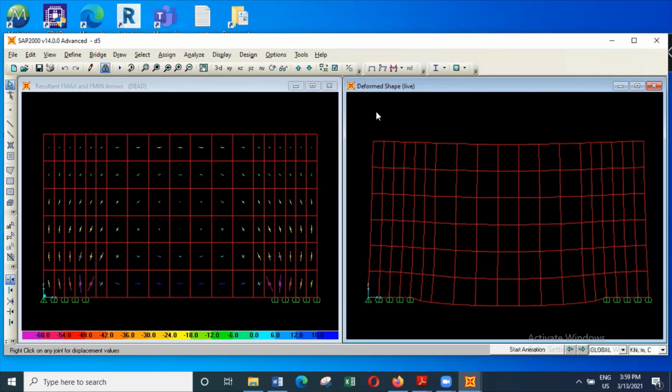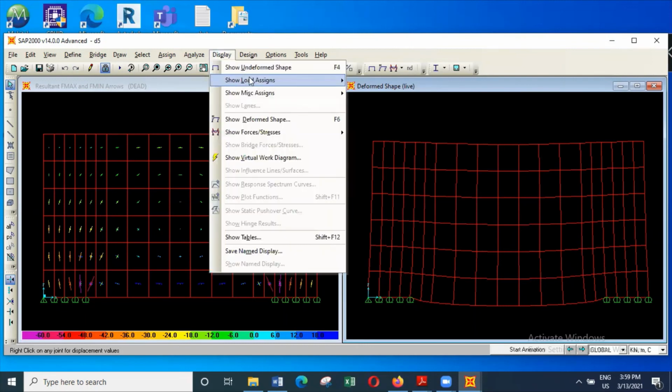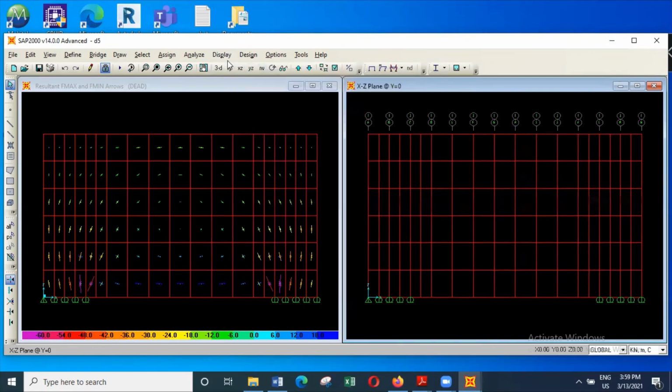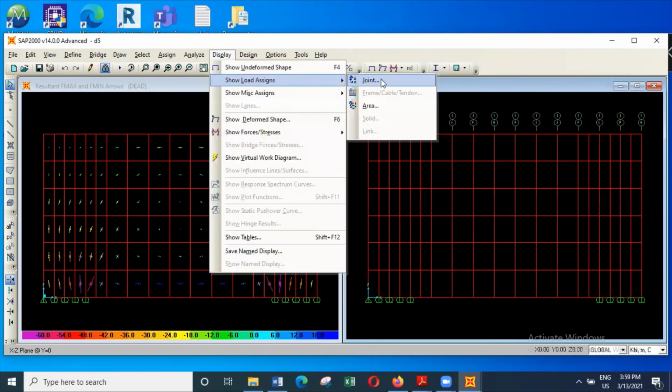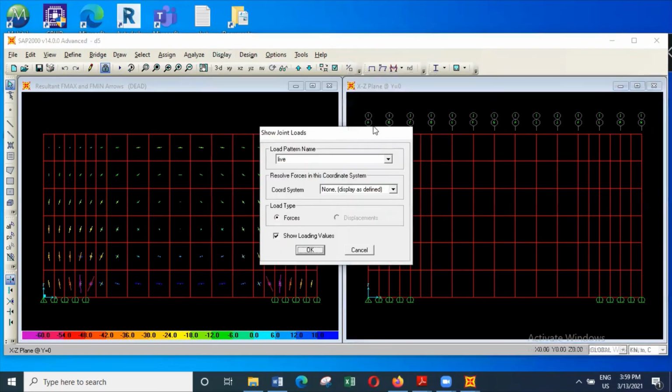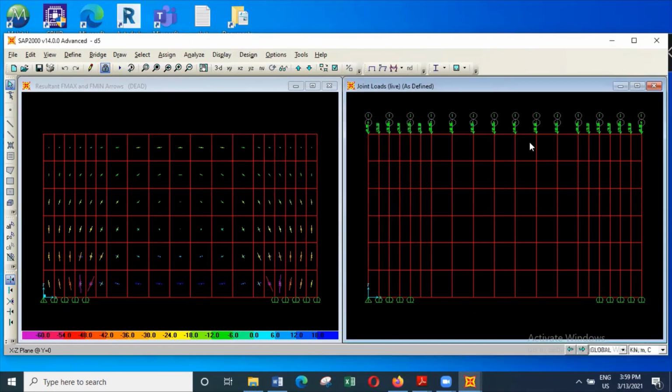So chances are that whatever forces come here will be transferred directly. So in such a situation, using the deep beam action, what you have to transfer will be only the forces acting in this particular area.